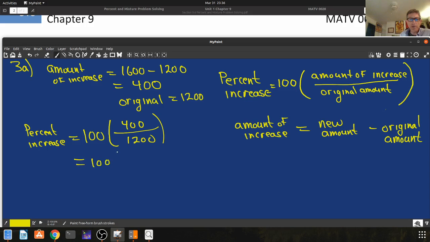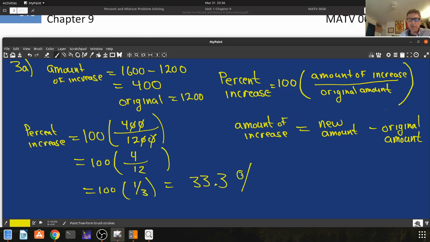I'm going to simplify what's in parentheses first, and I'm going to take off those zeros. So that's 4/12, so that's equal to 100 times 1/3, which is equal to 33.3%. Since I have that factor of 100 in my formula, the end result is already going to be a percent.